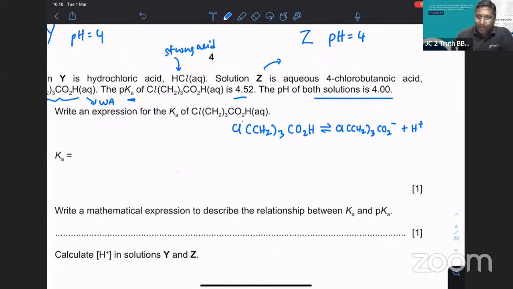Here, the number in front of each species is 1, so nothing to do with to the power of something.